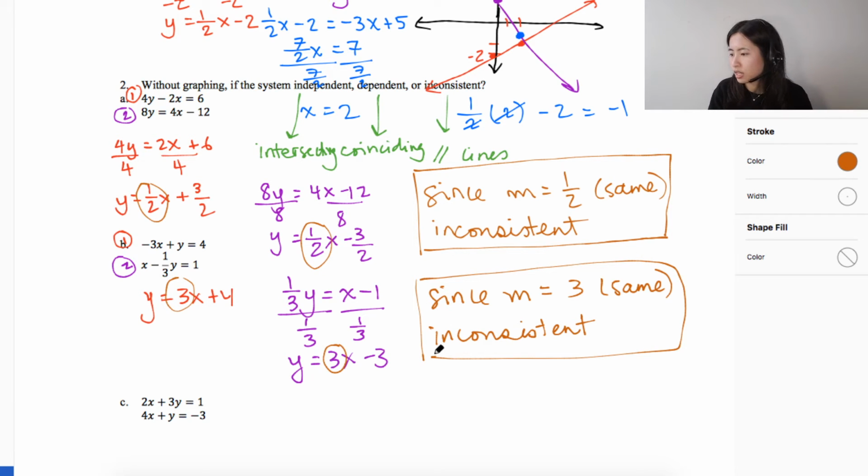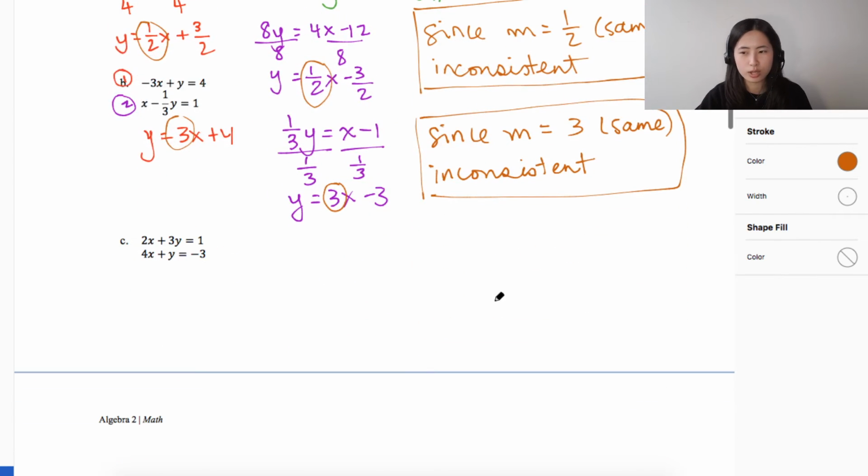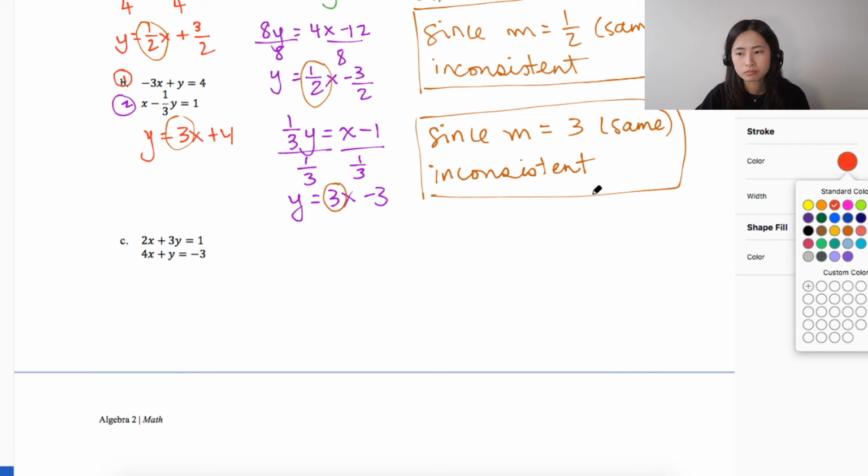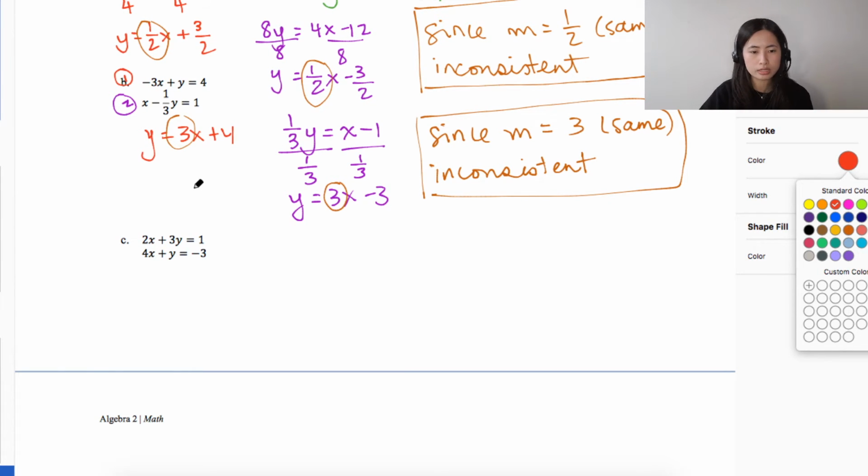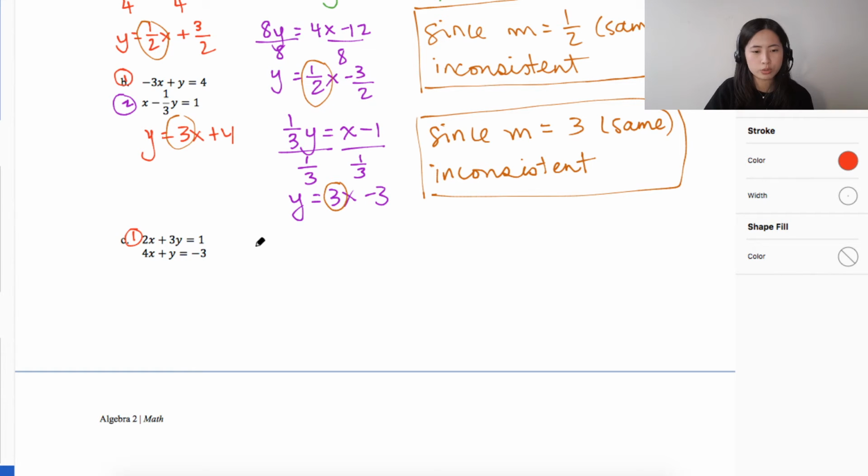Okay, great. Let's move on to part C. So we have 2x plus 3y is equal to 1, and we have 4x plus y, which is equal to negative 3. Again, it's going to be the same thing. We're solving for y, and making sure that we're in the slope-intercept form. Slope-intercept form for equation 1.